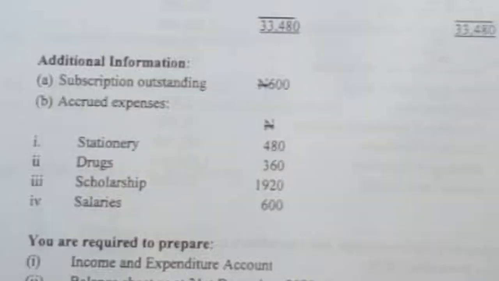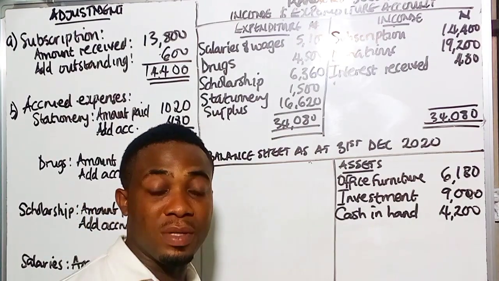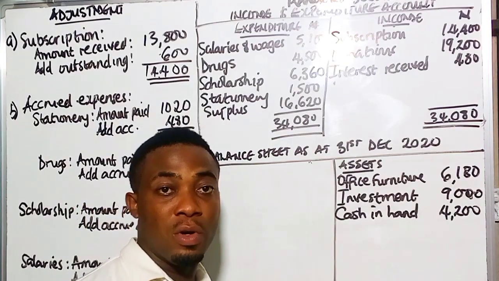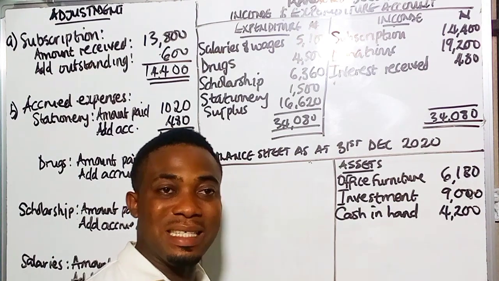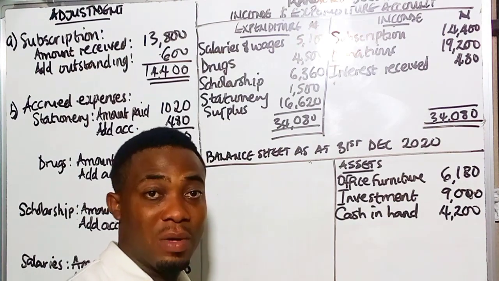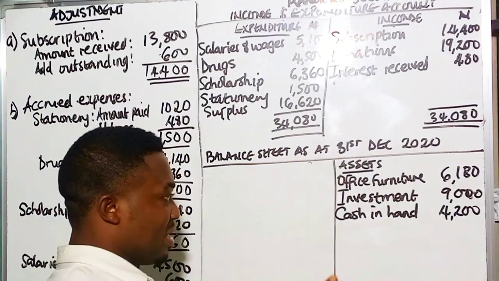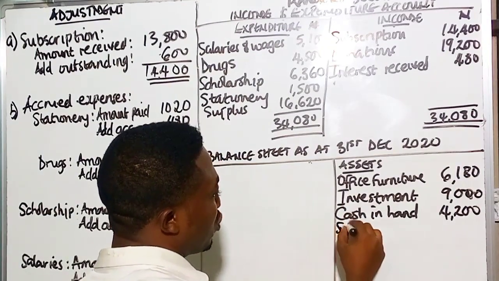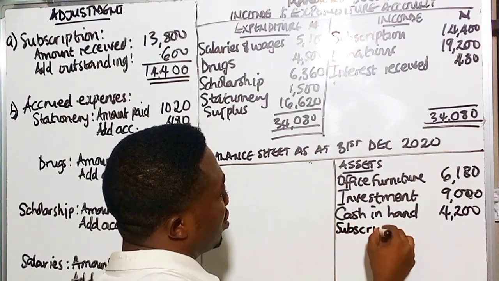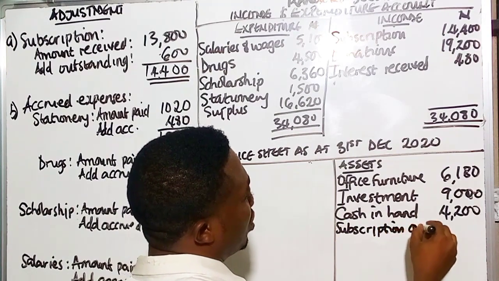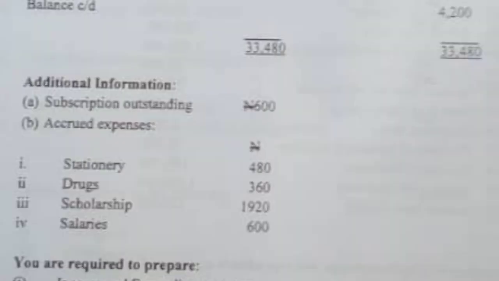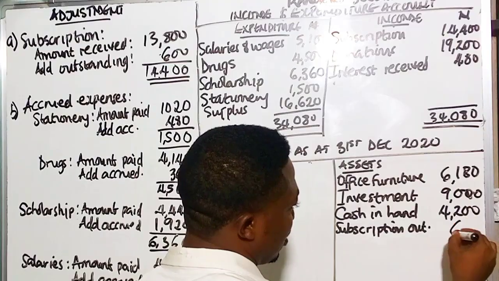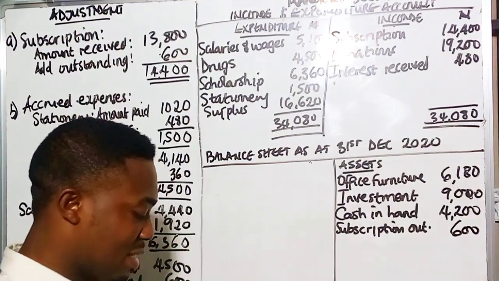In the additional information, you see subscription outstanding. Subscription is an income to the club, so an outstanding income means an accrued income, which is a current asset. So we have subscription outstanding. It is 600. So that's the assets.